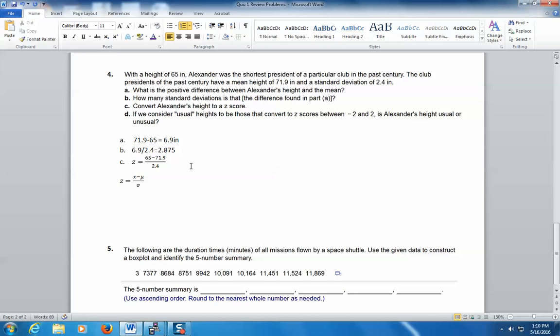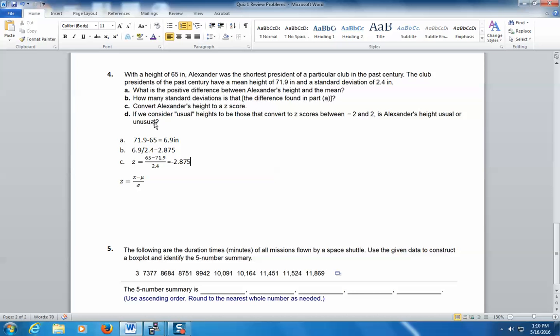And what we will end up with is the same number of standard deviations we did in part B, except it's a negative value because it's below the mean. So part C, his z-score is negative 2.875. That means his height is 2.875 standard deviations below the mean.